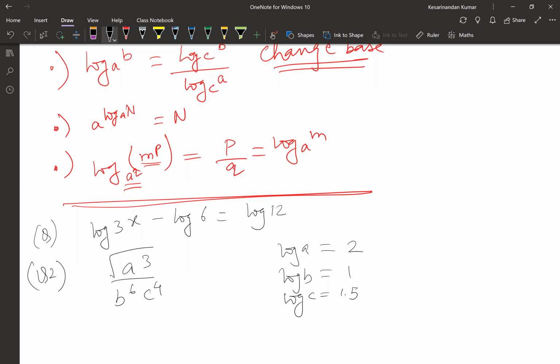I need you guys to calculate the value of this, and this is log to the base 10. Calculate the value of this.